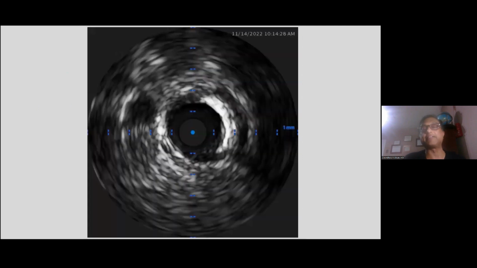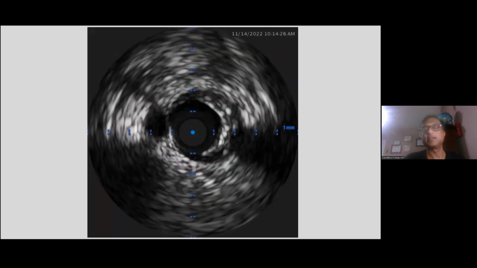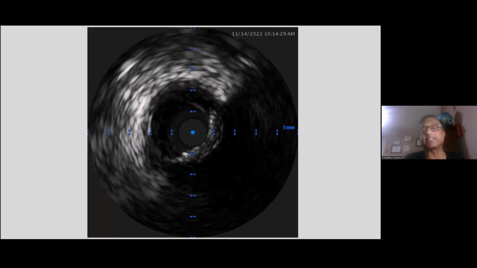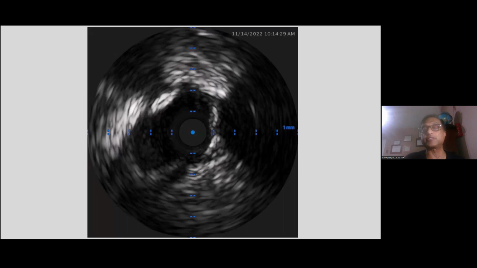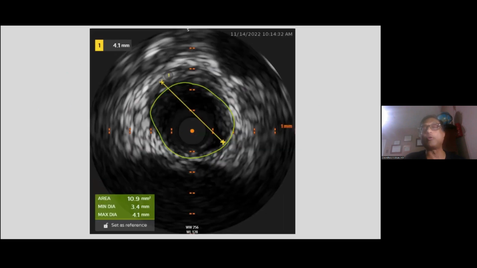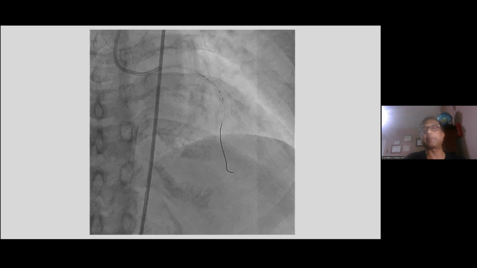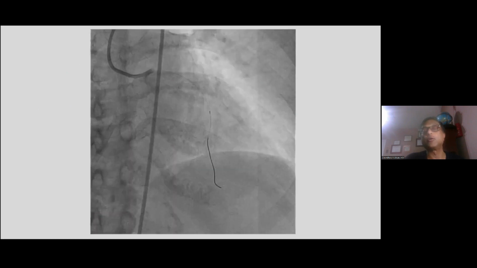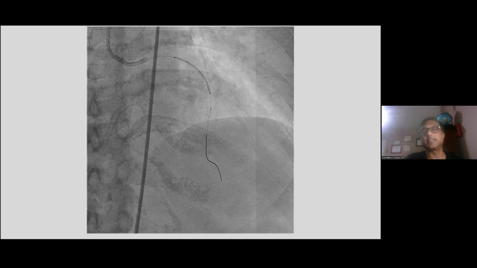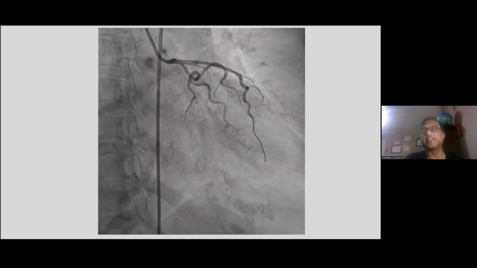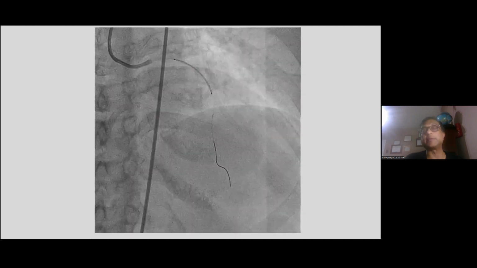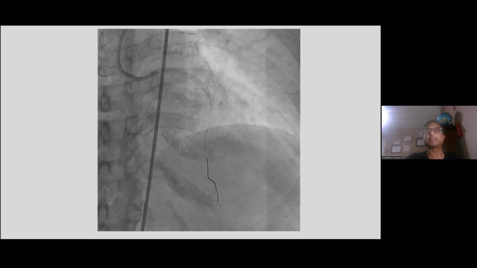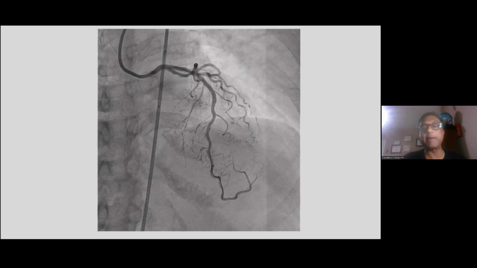So we did the IVUS, and then we did the plaque modification, considering the significant calcification and fibrosis, and then we go with the preparation of the vessel so that we can come out good. We mean that the stented segment is then reassessed both by anatomy and physiology, and then we hope that the long-term outcome will be better.